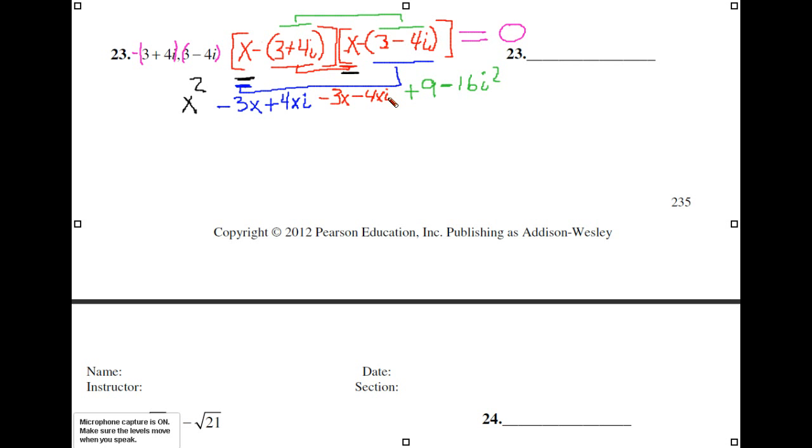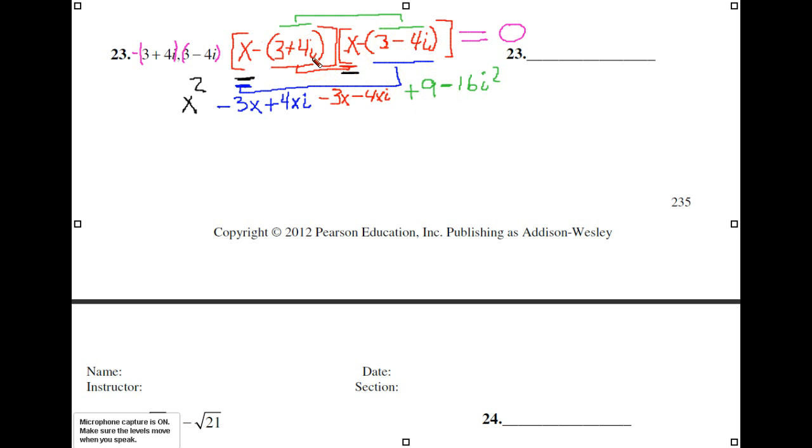Okay, I've done my first, my inners, and my outers. Now I need to do the last. And I'm coding the last up here in green. Now this is going to be a negative times a negative, so it's going to be a positive. I don't have to worry about signs. Now I have 3 times 3 gives me a 9.